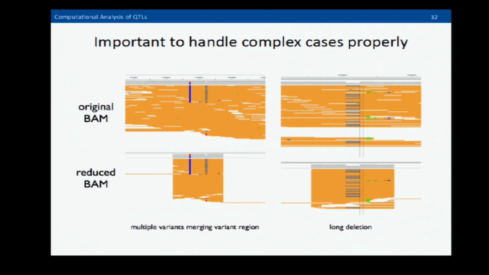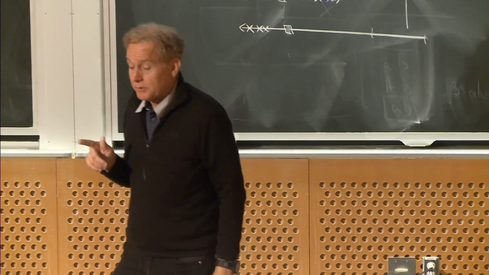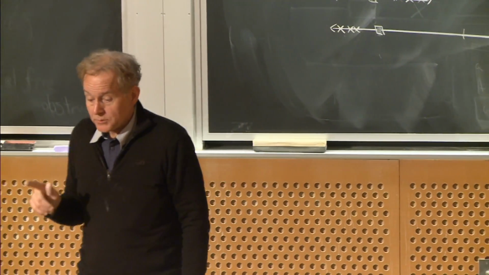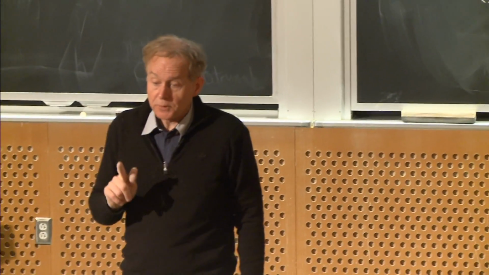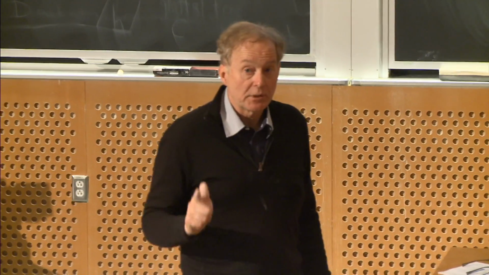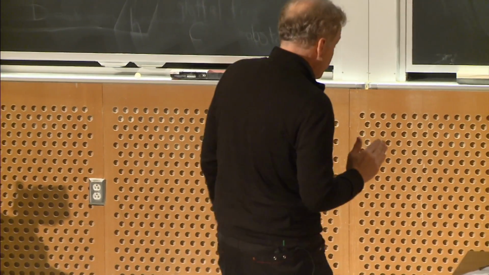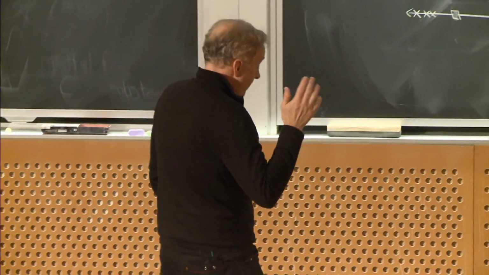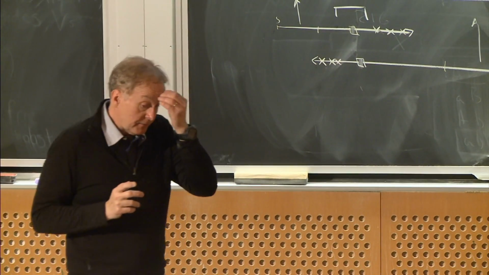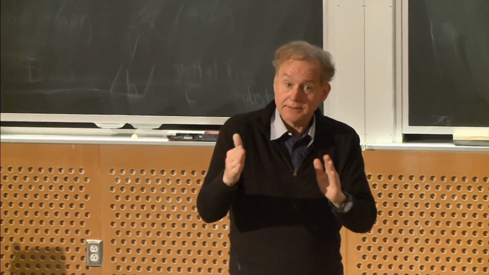Okay. Now let's turn to the methodological approaches once we have gotten the data in as good a form as we possibly can get it. We have the best quality scores that we can possibly come up with. And for every base position, we have an indication of how many reads say the base is this and how many reads say the base is that.